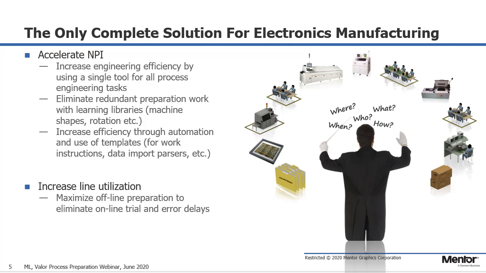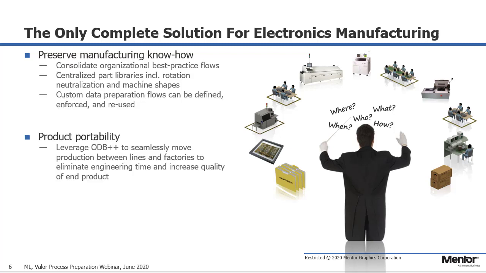Line utilization will be improved through the maximizing of offline preparation work and virtual sticky tape. This reduces the online trial and error, hence improving line utilization. By capturing the manufacturing know-how centrally, tasks performed by one engineer can be shared with other engineers automatically. That way, all engineers benefit from the work that's been done by others.